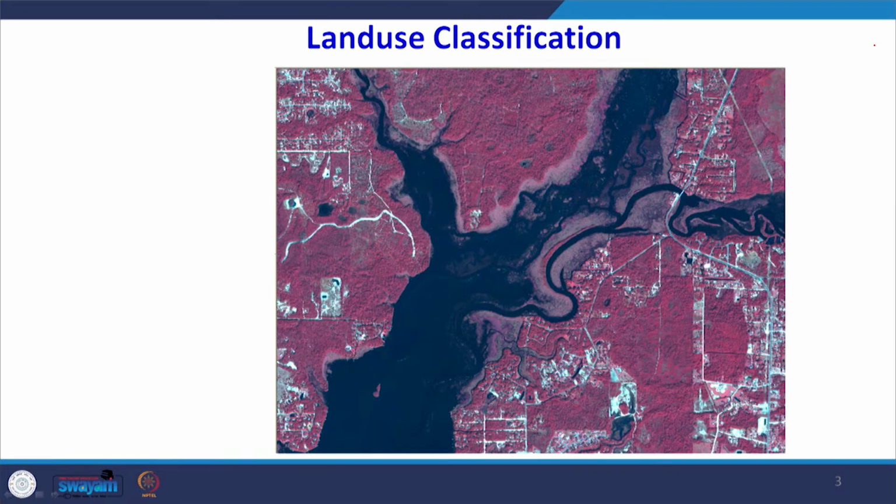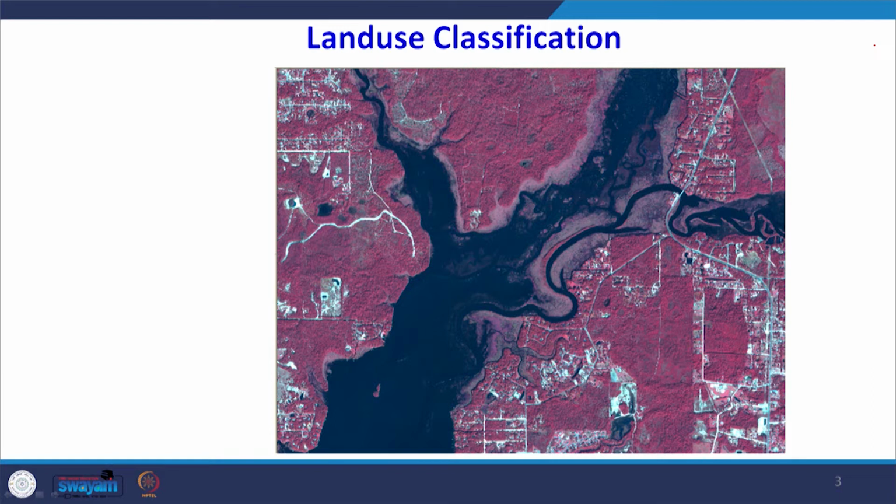Now, this is, for example, a satellite image. A raw satellite image with 3 band data, and you can see the false color composite. In the middle there is a river, the dark shade indicating the river, while the orange and the pink or reddish shade indicates the dense vegetation cover in the area.